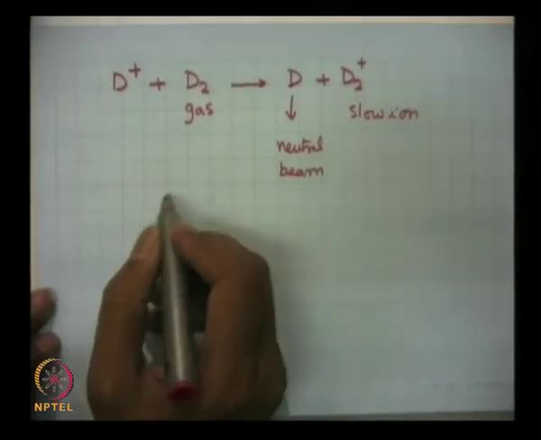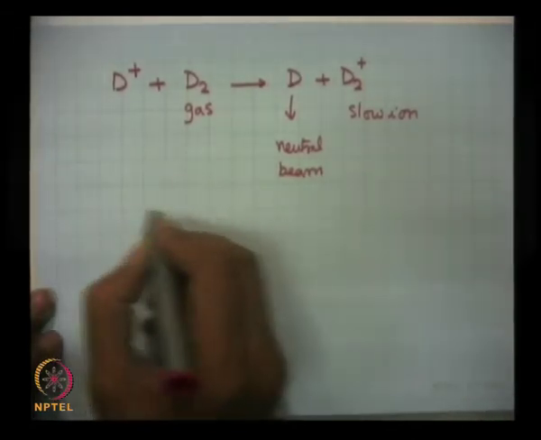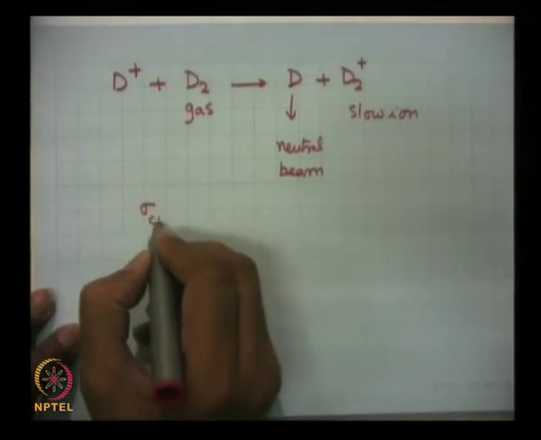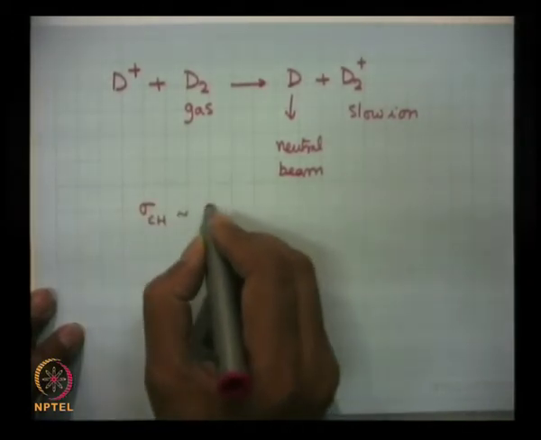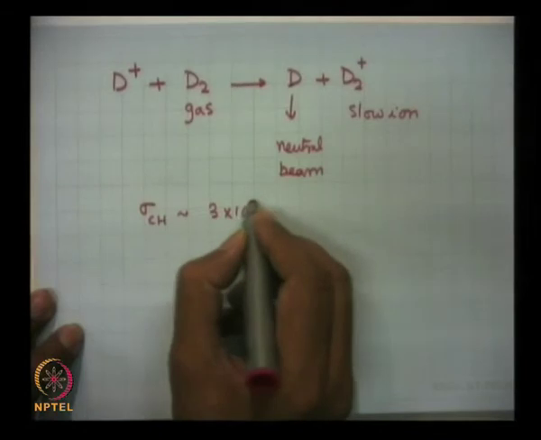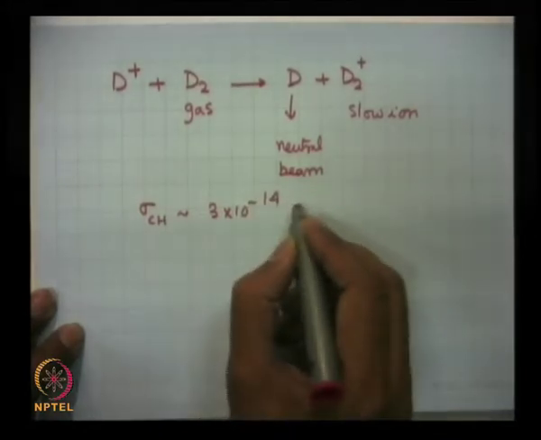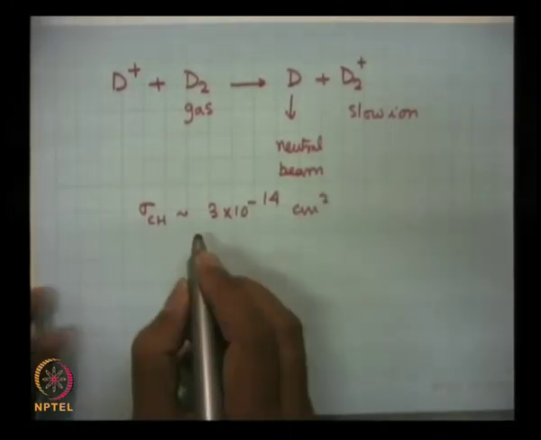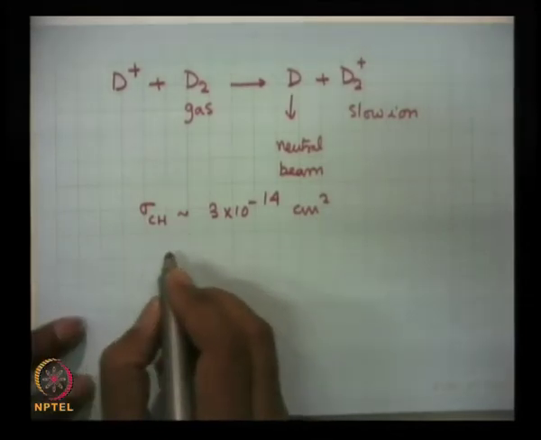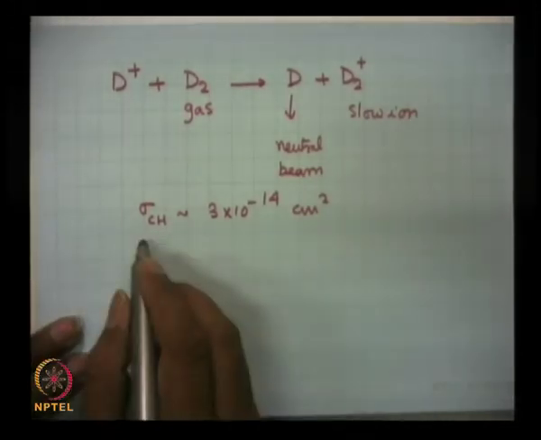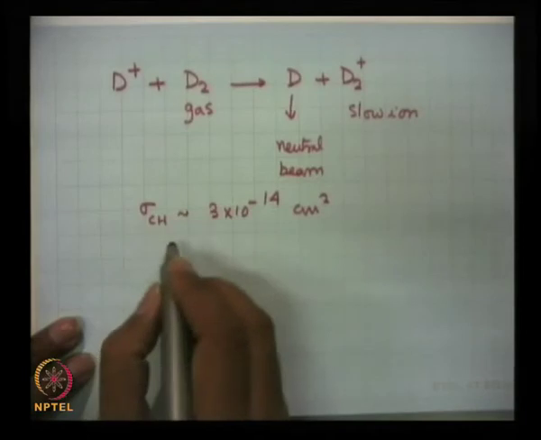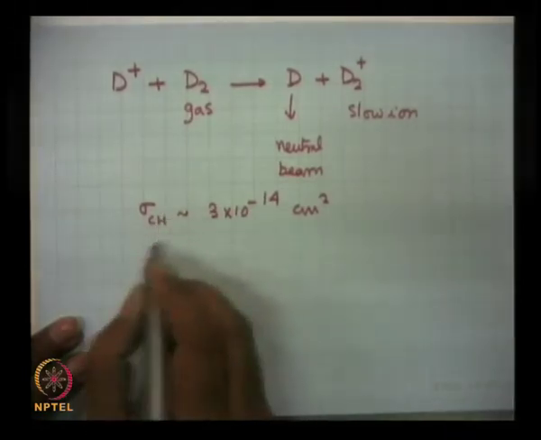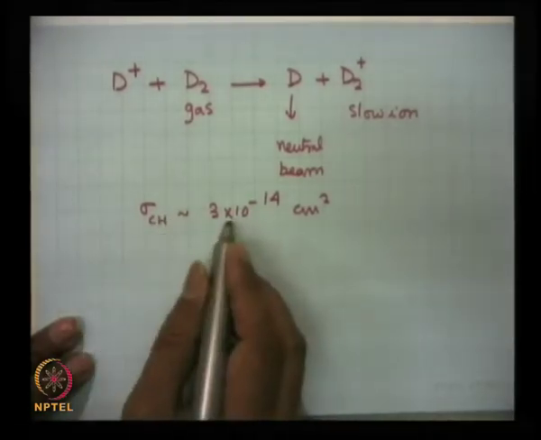And the typical charge exchange cross section is around 3 into 10 to the power minus 14 centimeter square, and roughly, well, this is actually sensitive to energy. This is probably the maximum value.